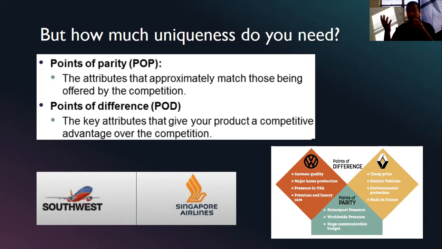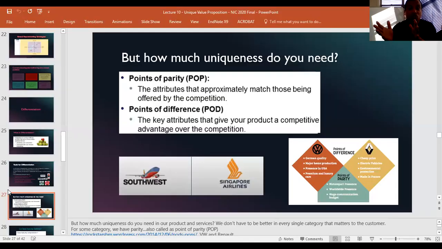I mean, they have splendid customer service, and their executives are highly trained. Compared to that, Southwest is not bothering about those things because they are no frills, with cheap prices and lower cost. So you could clearly differentiate these two firms on the basis of points of parity and points of difference.